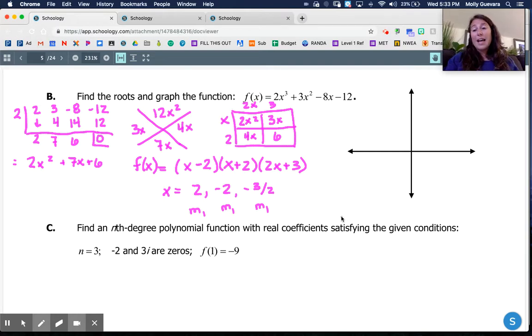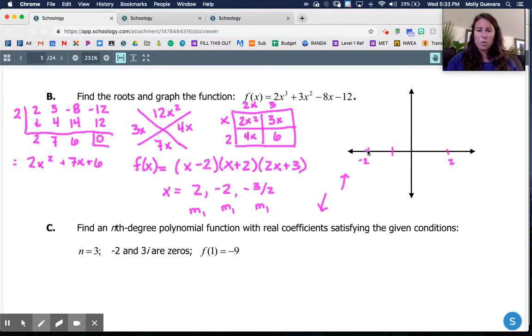And then the last thing is I need to know the end behavior. Well, the highest degree is a 3, and this 2 is positive, so that tells me that my ends are doing this. Okay, so I have this -2. So then here's +2.